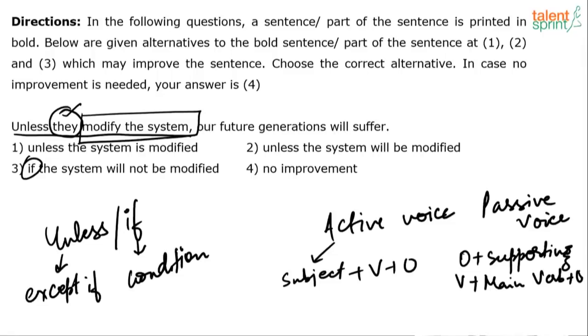That is the only way. But if is just a condition, so either this or that. So it will definitely not be option number 3, and not option number 2. So unless the system is modified is the correct answer. Our future generations will suffer. Got it? Okay. Let's move on to the next question.